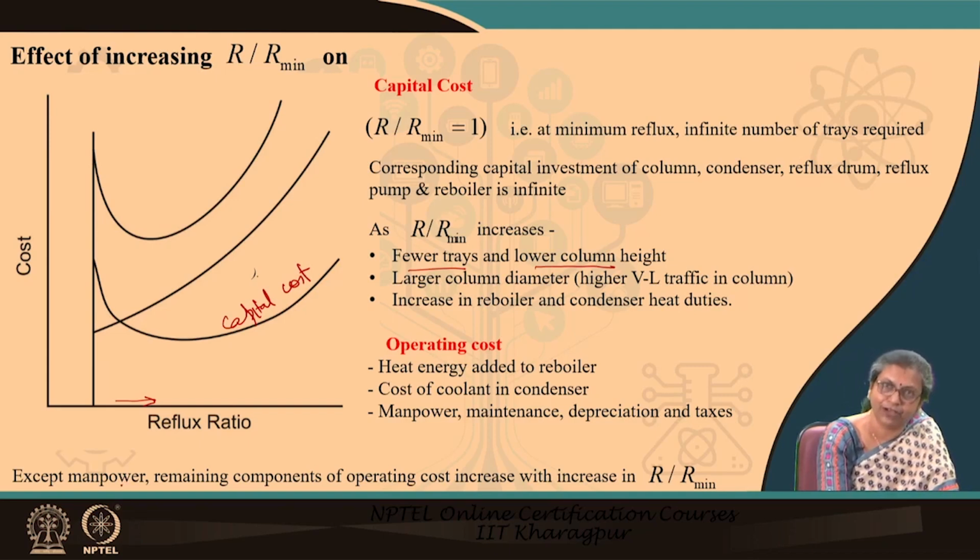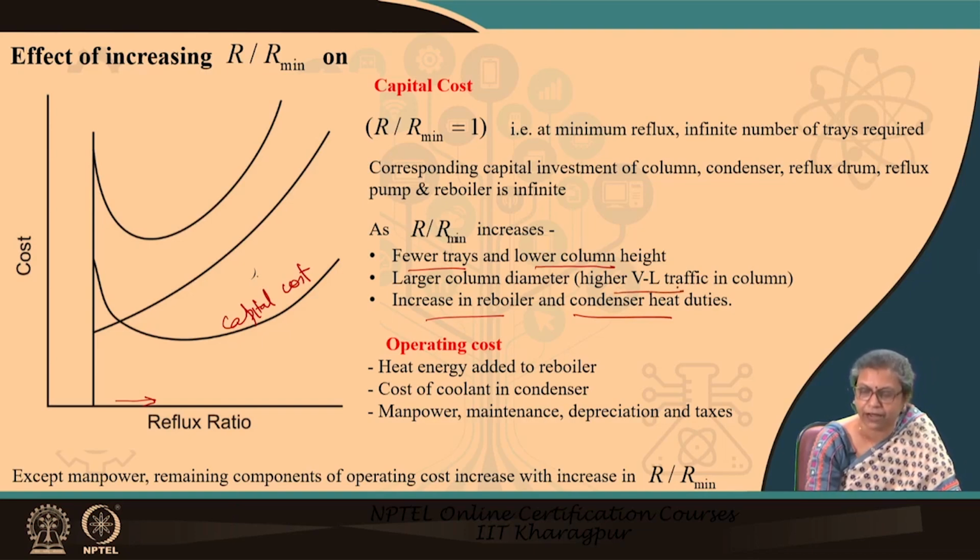But at the same time, you have to remember that you are generating more and more reflux. In order to generate more reflux, the condenser heat duty has to increase, and quite naturally the reboiler heat duty has to increase. When you are generating more reflux, the vapor-liquid traffic in the column increases, the reboiled vapor amount increases, and that definitely calls for a larger column diameter.